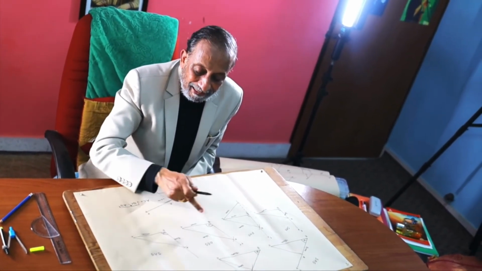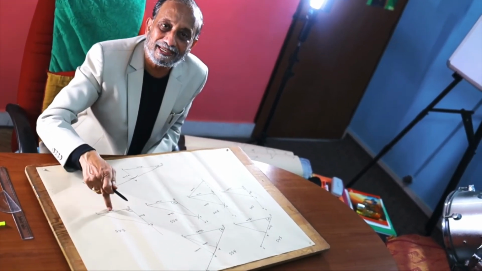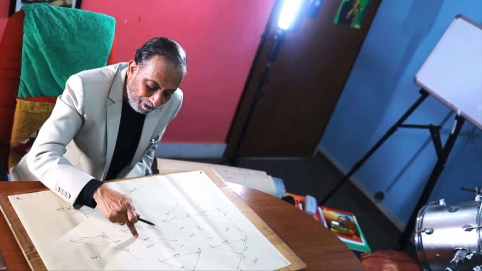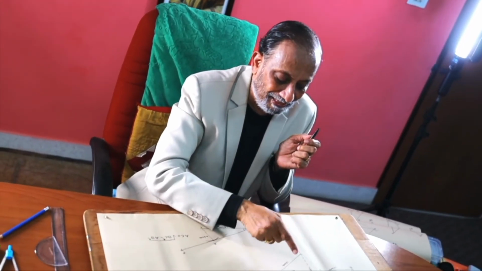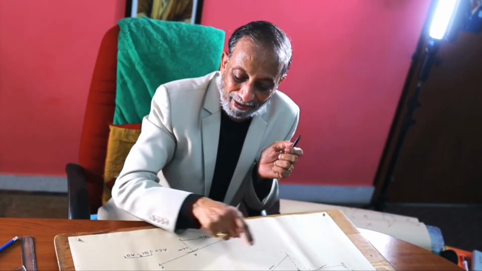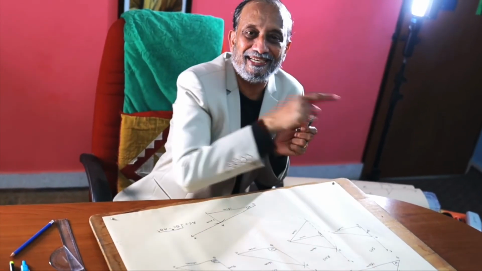If the angle given is an obtuse angle, whether included between these two sides or not, then also we are going to get a unique triangle. Therefore, friends, can we say that RHS and OSS are special cases of SAS only?